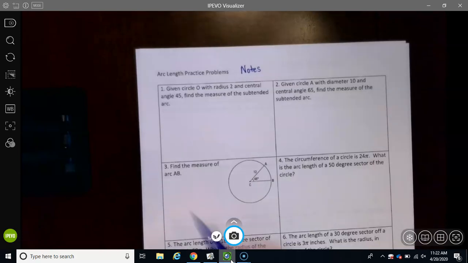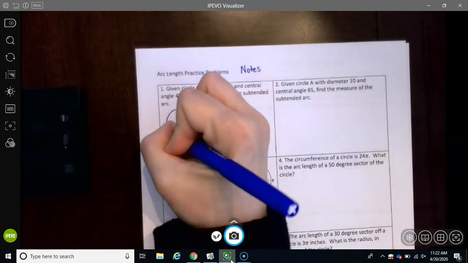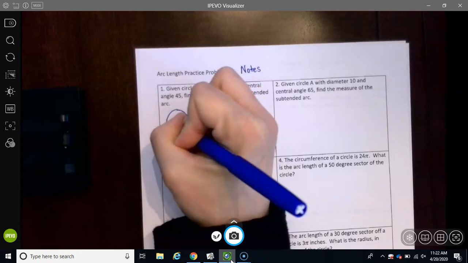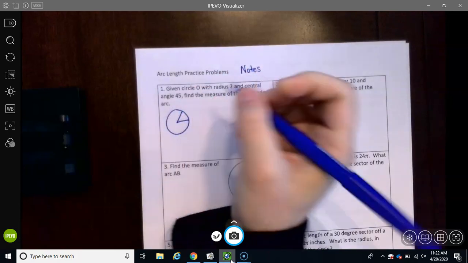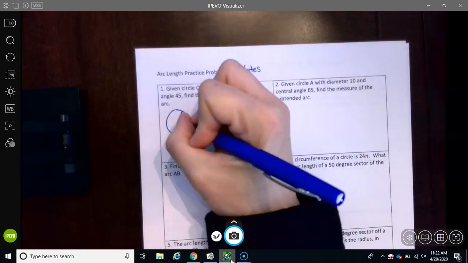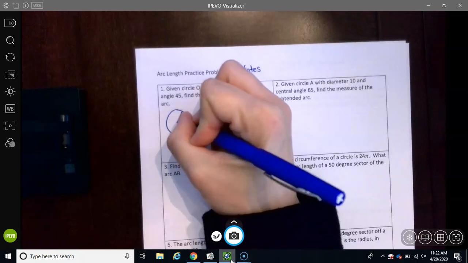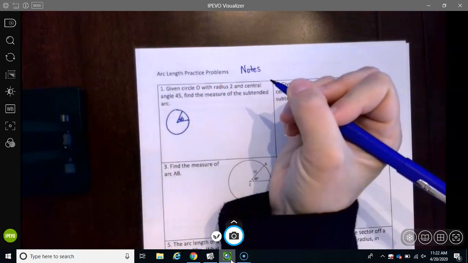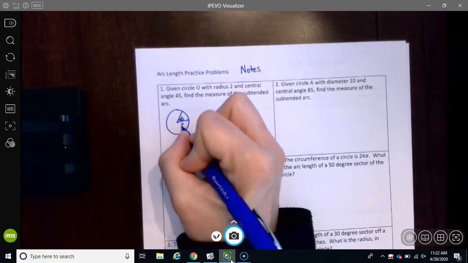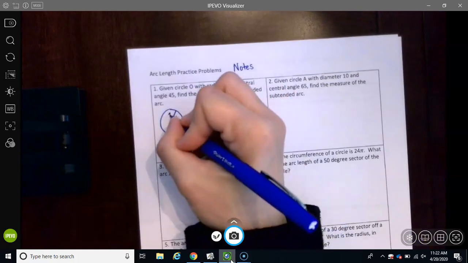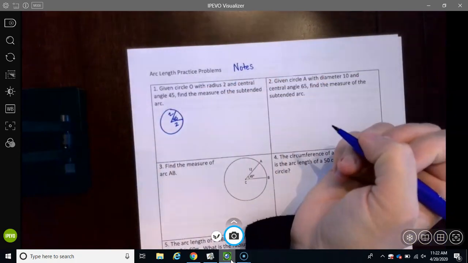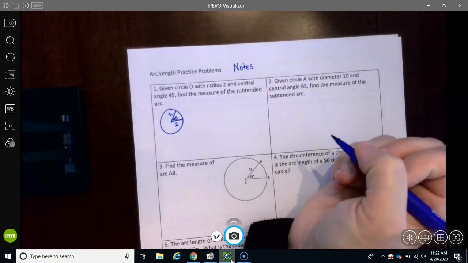Now they didn't draw you a diagram, but sometimes a diagram is just helpful to visualize everything. It doesn't have to be drawn accurately, just labeled correctly. So the central angle is 45, and we have a radius of 2. So that's 2, that's 2.